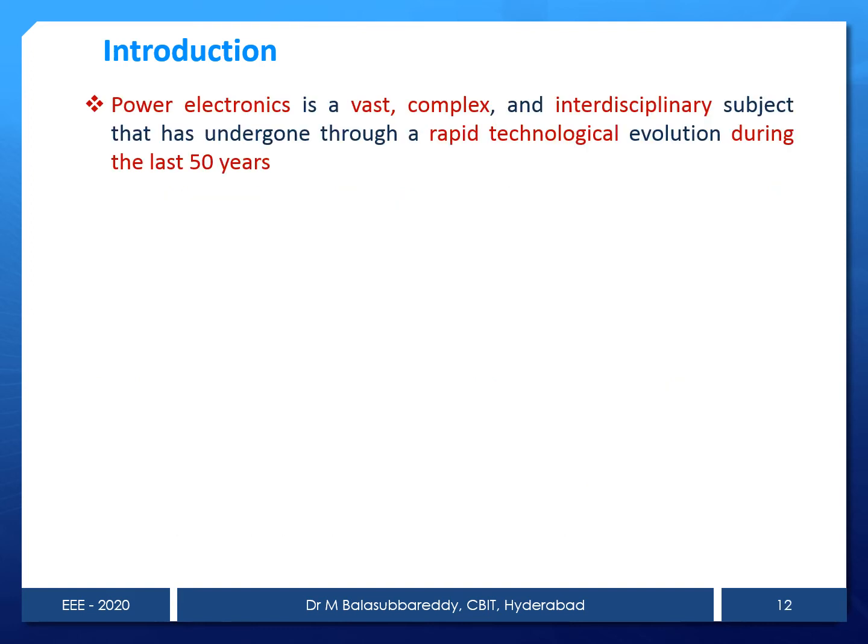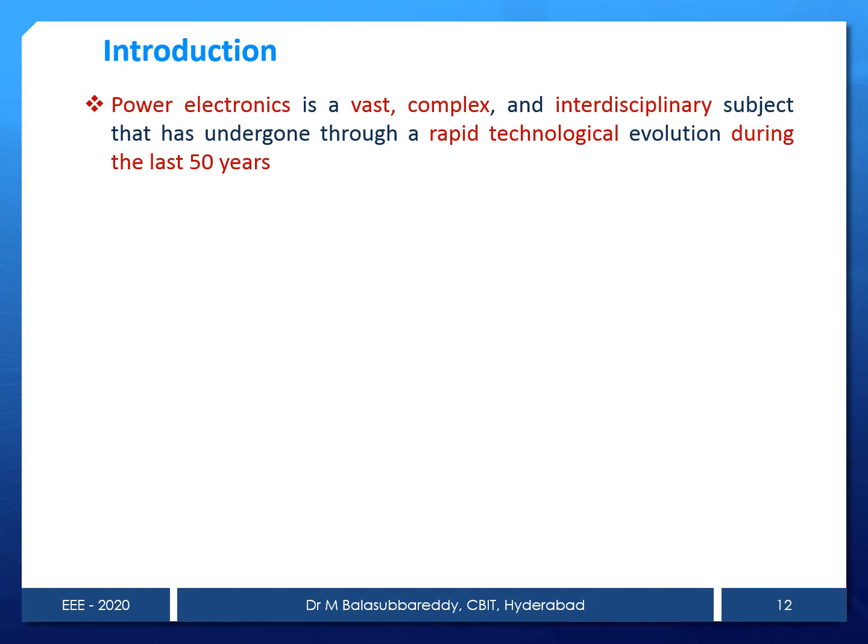So now we can observe power electronics is a vast, complex, and interdisciplinary subject, because it deals with electrical as well as electronics, and it has undergone rapid technical evolution during the last 50 years, in terms of controllers, control strategies and semiconductor devices.